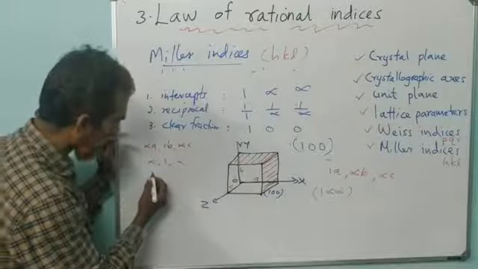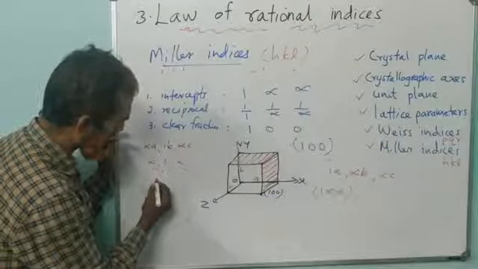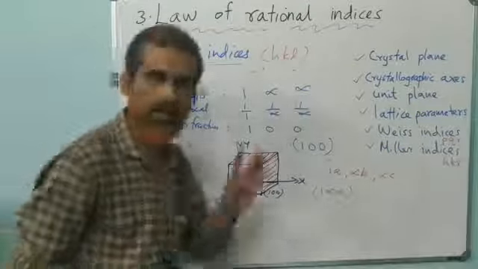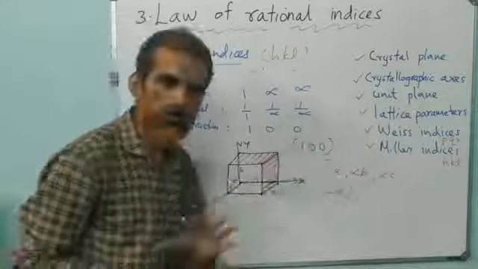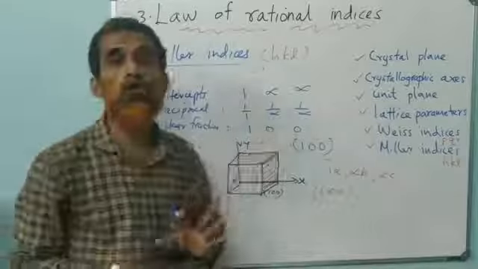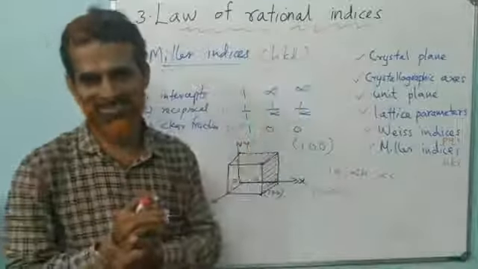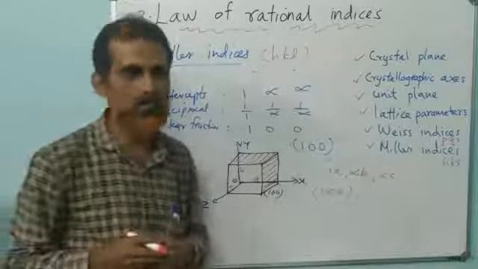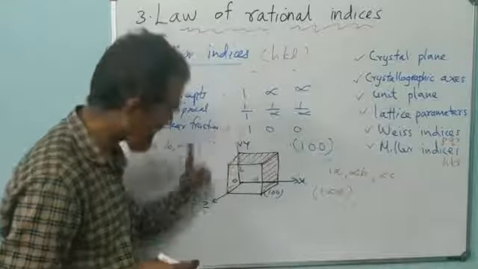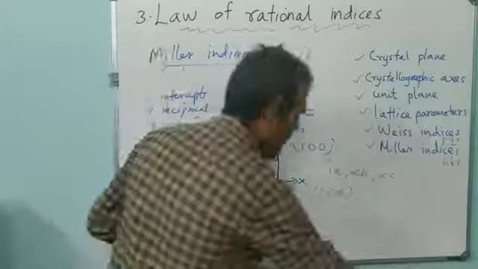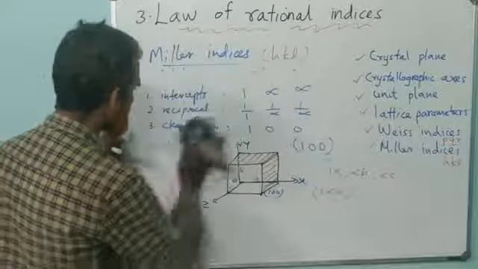Taking the reciprocal, 1 by infinity, 1 by 1, 1 by infinity gives 0, 1, 0. Actually these are equivalent planes. Writing (100), (010) or (001), they are all equivalent planes. Taking X, Y, Z is our choice. You can take this as X, this as Y, this as Z in any way. So these planes are all equivalent.